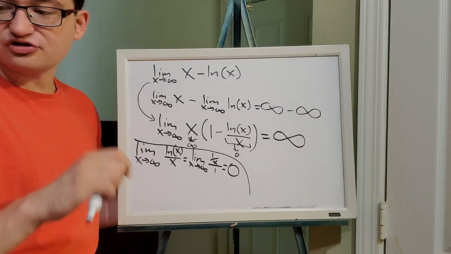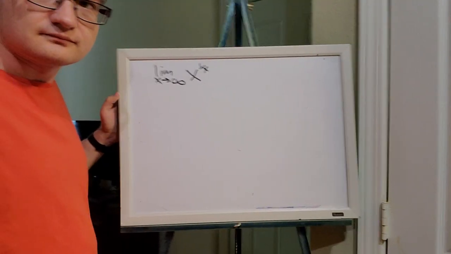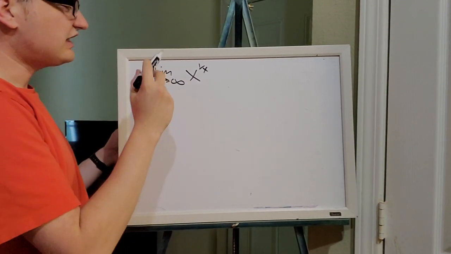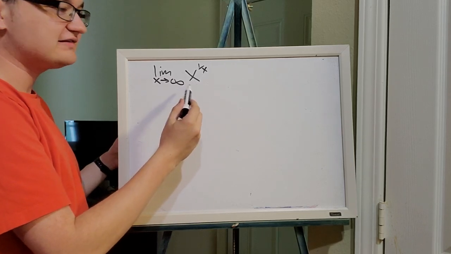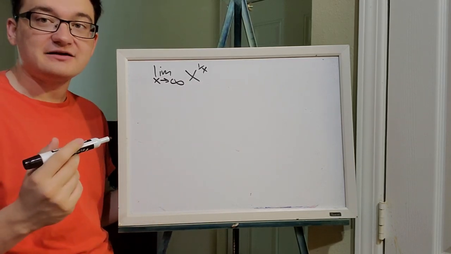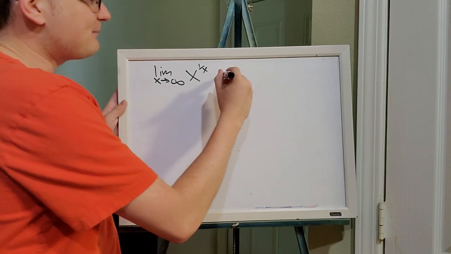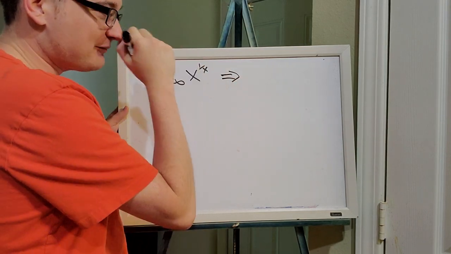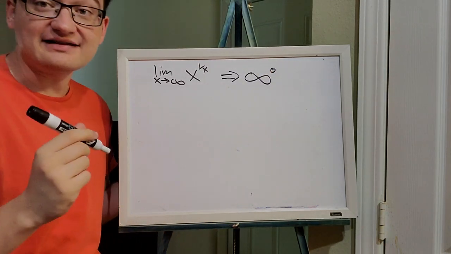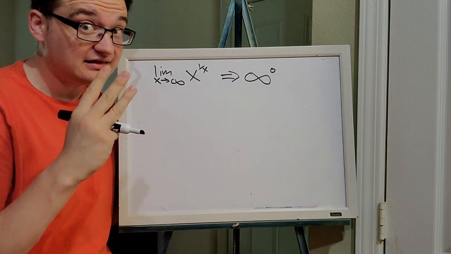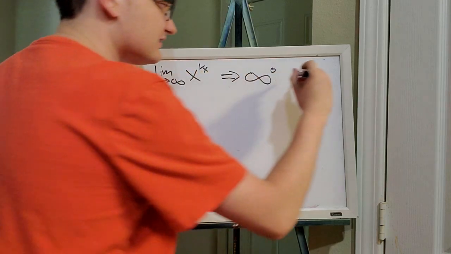Last up, I'm going to show you an exponential. All right, we're taking the limit as x goes to infinity of x raised to the power of 1 divided by x. What happens if we take a look at these limits separately? We get infinity to the 0. That's an indeterminate form. There's 3 indeterminate forms for things like this.